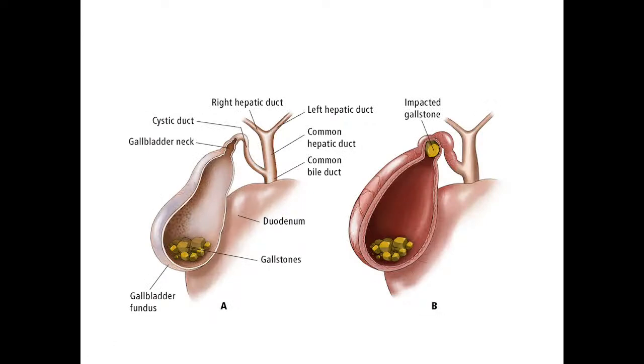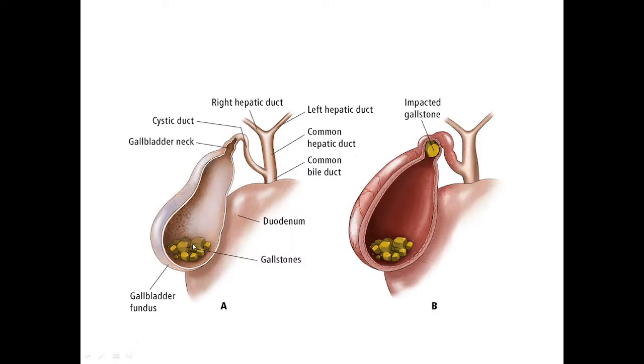Students, in this slide you can see the anatomy of the gallbladder. The next complication of acute cholecystitis with gallstones is impacted gallstone.